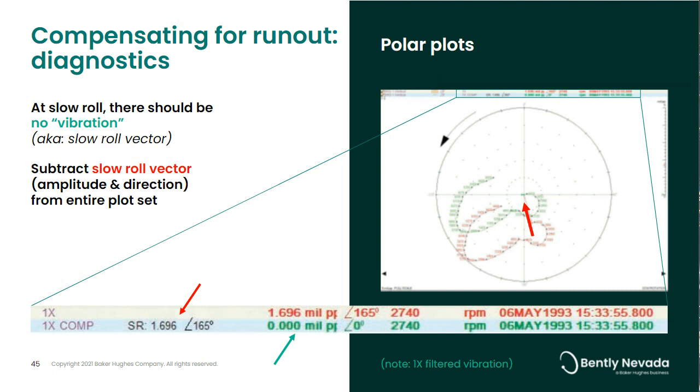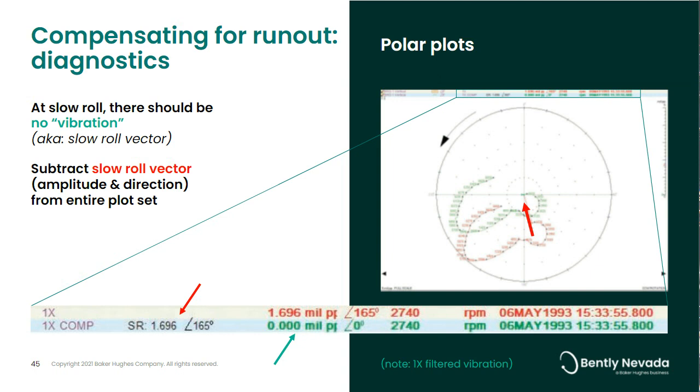System 1 and Adre and others will also record the slow roll vector in the plot tab. In this case, the slow roll vector is 1.696 at 165 degrees. This is useful information, not just because we know what we deleted, but because start after start or stop after stop, you can confirm that slow roll vector. If the machine is staying consistent, that slow roll vector should stay consistent.